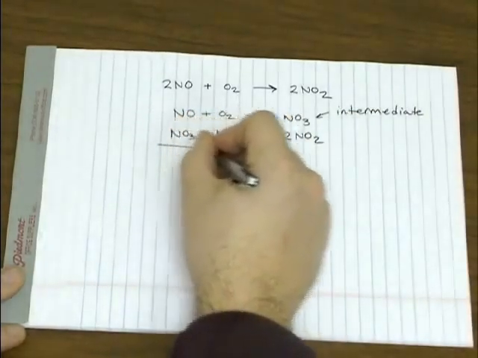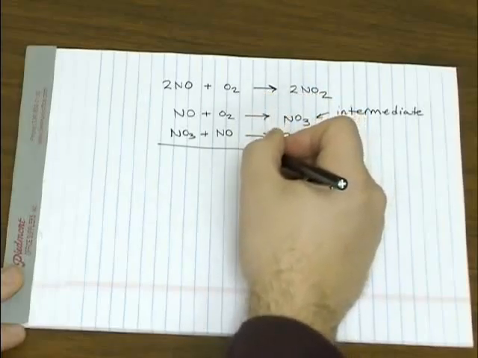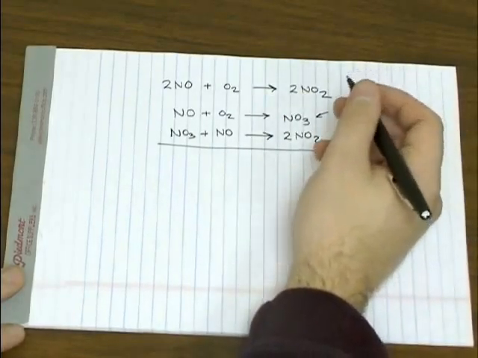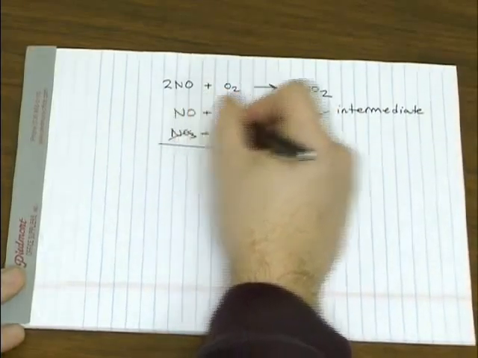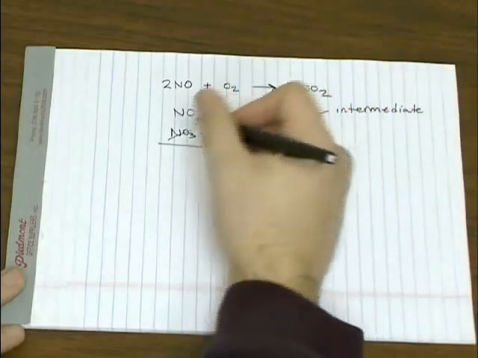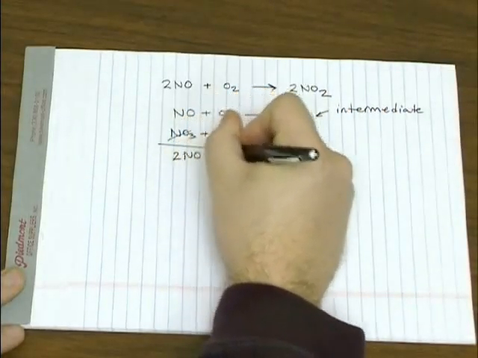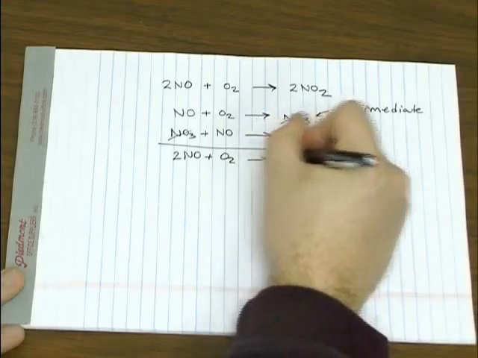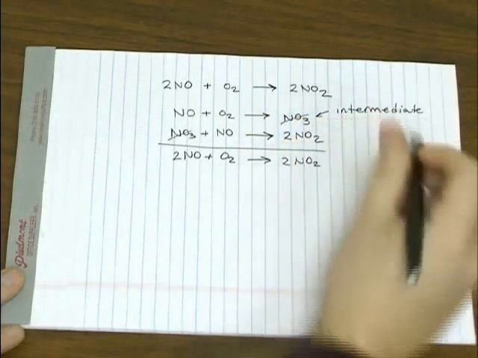If you notice the overall reaction, if you add these two equations together, like you would if you were adding two algebra equations together, the NO3 effectively cancels out of the equation, and you're left with two NOs plus O2 gives you two NO2s.